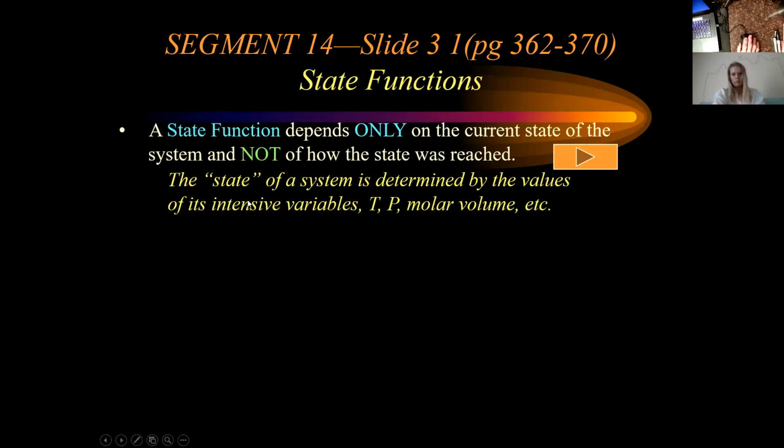So the state of a system is going to be defined by its intensive variables, temperature, pressure, molar volume, things like that. And once you know these, you know exactly how to reproduce that system. And again, if you know some relationship, you reduce the number of independent variables necessary.